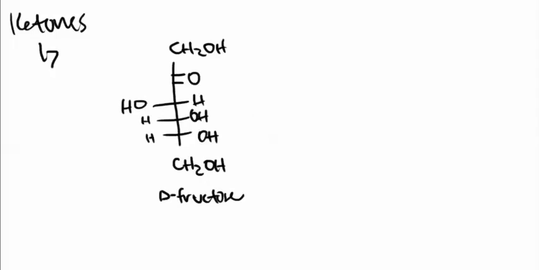And just like before with ketoses and aldoses, the story's no different. We have a carbonyl group here at the top. It's just in the form of a ketone functional group instead of an aldehyde functional group. And we've got some OH groups in the actual structure itself. So we're still going to see an intramolecular reaction happen, and we're still going to see these rings form.